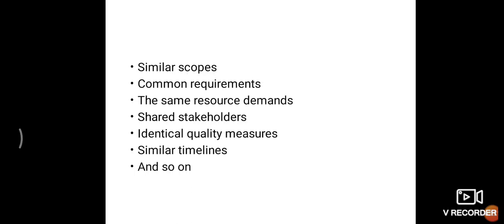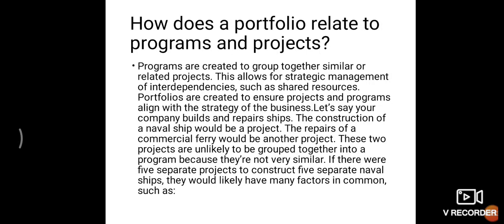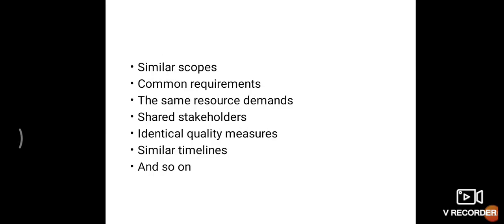In our next section, we have several constraints for portfolio project management, such as similar scopes and common requirements. Common requirements means different projects have common requirements. For example, in an organization there is only one software testing department, and at a time a number of projects are going on.